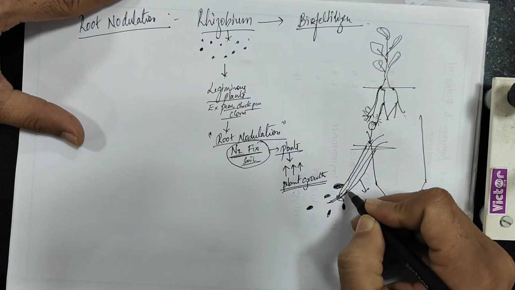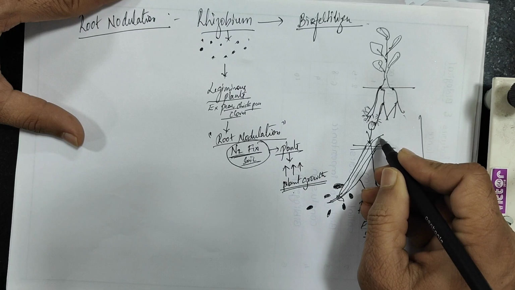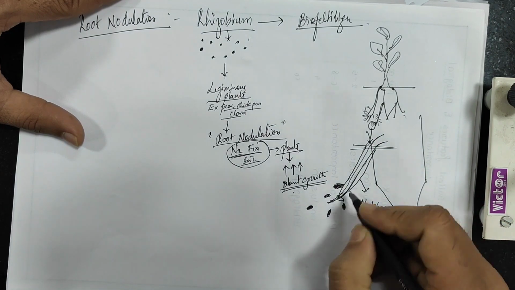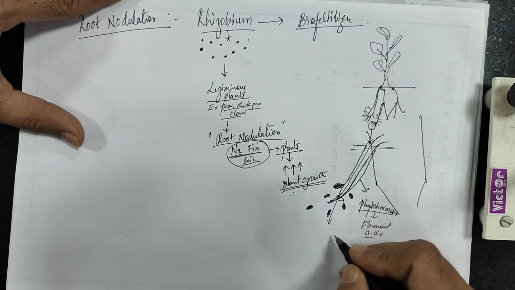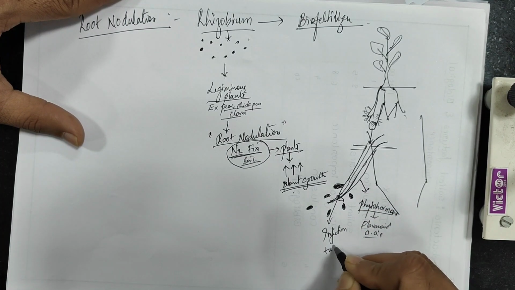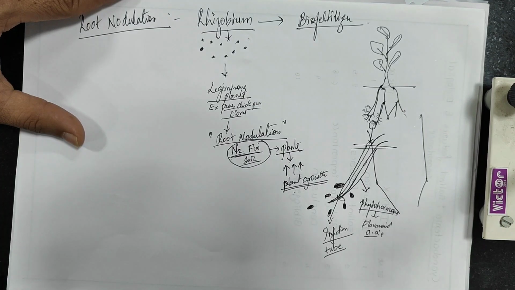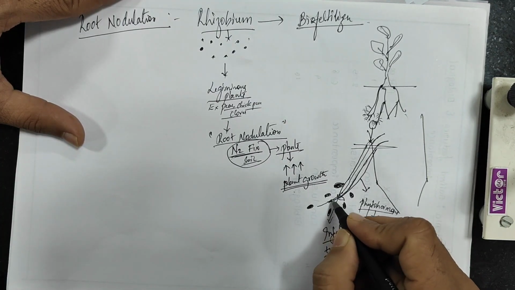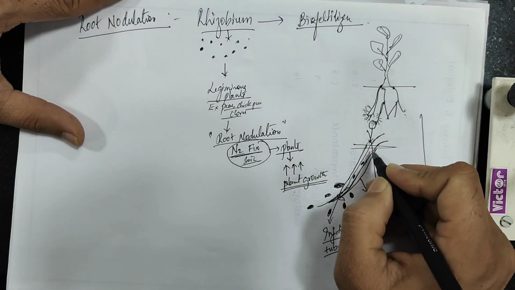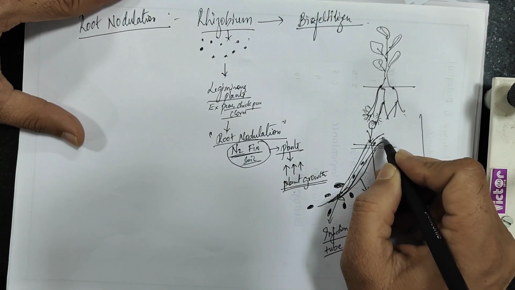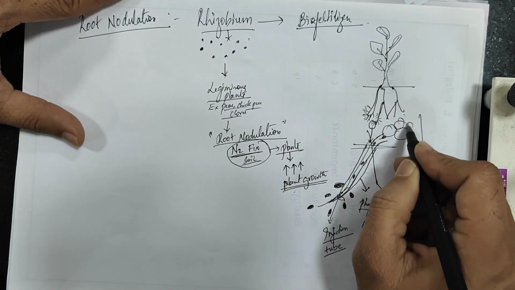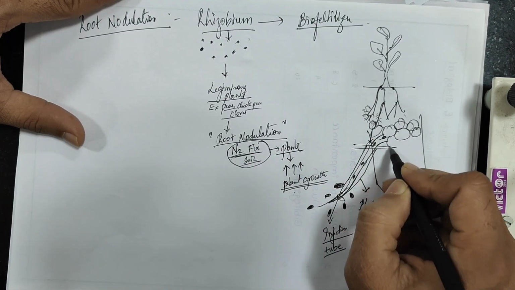So this structure formed to enter the roots is called as infection tube. So the bacteria enters the infection tubes, migrates and reaches the cortex of roots.